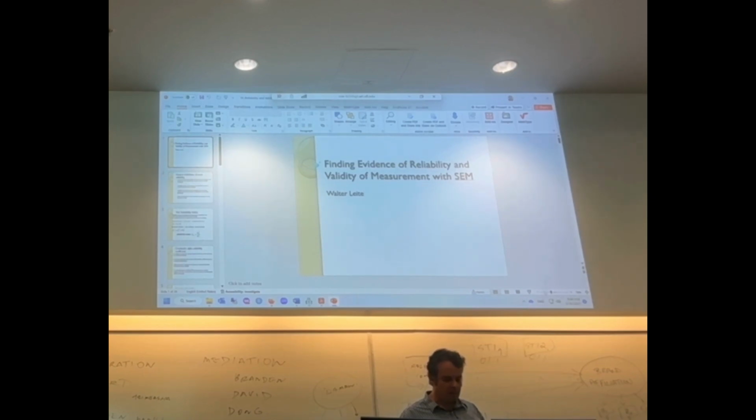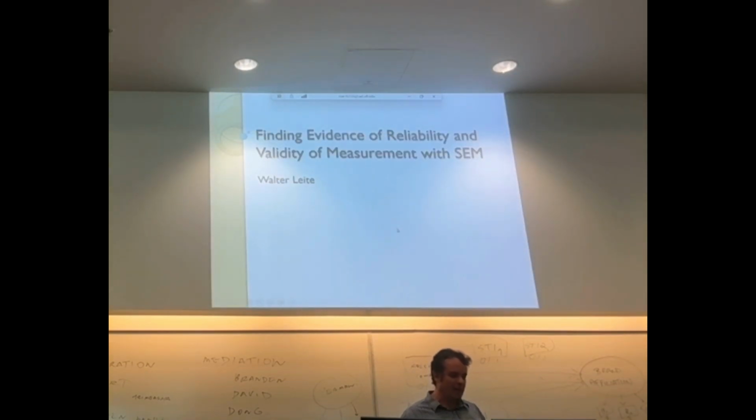So we start with reliability as a type of validity evidence, because you can have reliable scores that are not valid for the purpose you want to use them for. So you must have reliable scores to have a valid use of the test, but having reliable scores does not guarantee that the use of the test is valid.